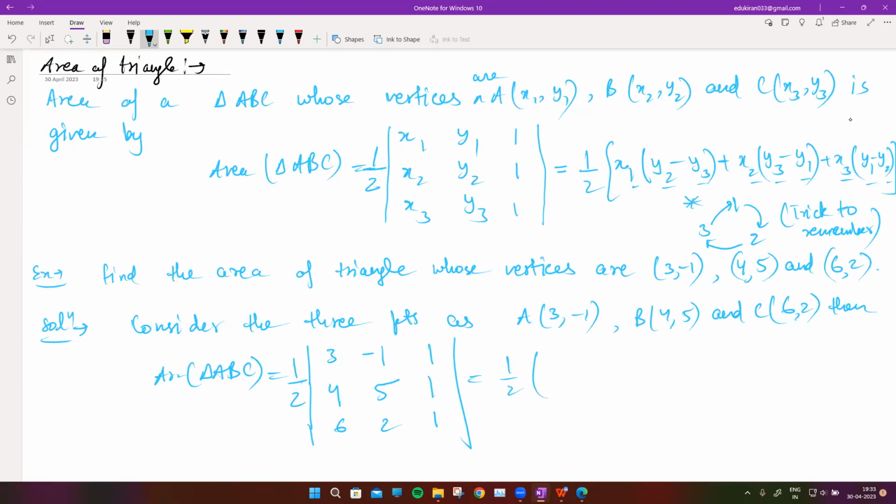What's the answer? 3, minus 1, 1, 4, 5, 1, 6, 2, 1. Just directly solve this determinant. Did you get the answer? Yes, sir. I solve it quickly now. These things are quite easy at where we are going right now in the chapter.